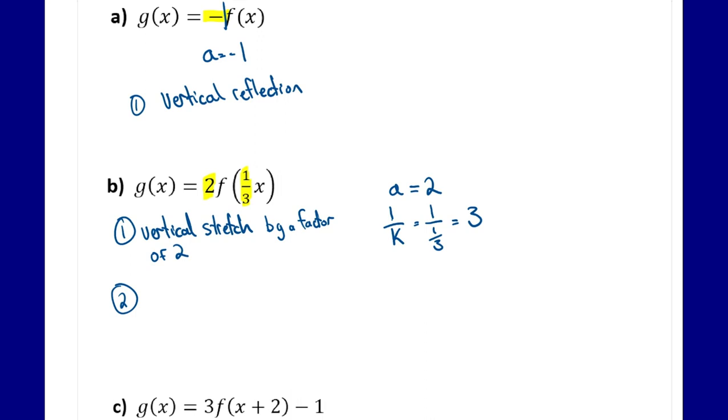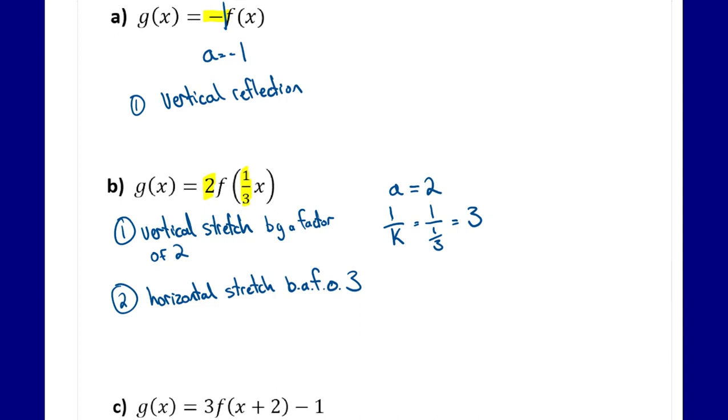And the second transformation is going to be this k. It's a positive value, it's a whole value, so that means there will be a horizontal stretch, and we can say by a factor of 3.